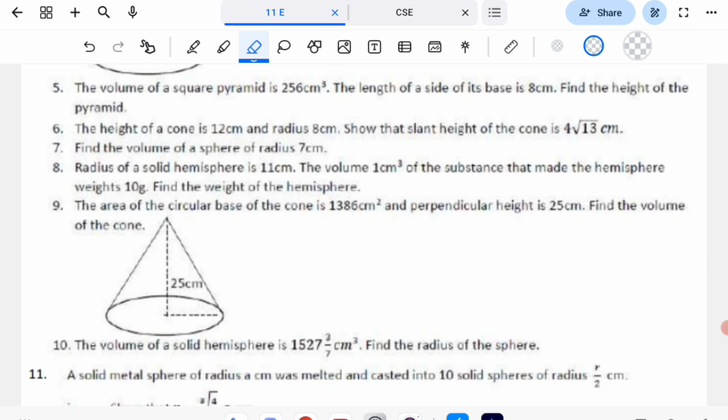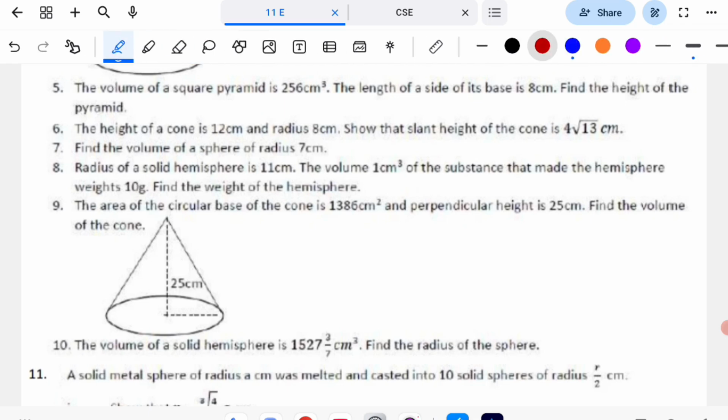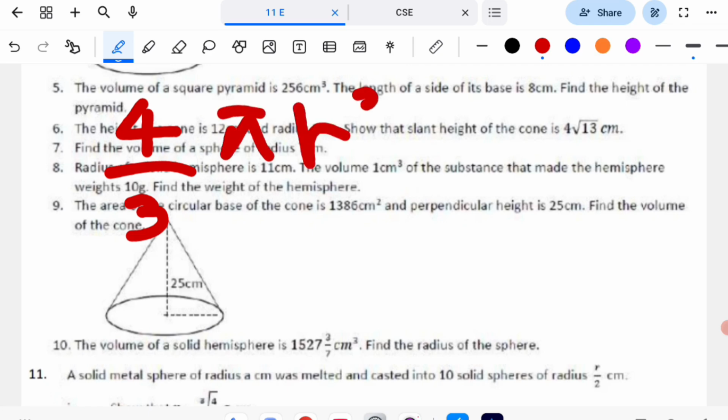Find the weight of the hemisphere. First of all, we have to get the volume of the given hemisphere. If there is a sphere, we can write volume as 4 over 3 pi r cubed. But there is a hemisphere, then we have to divide it by 2.